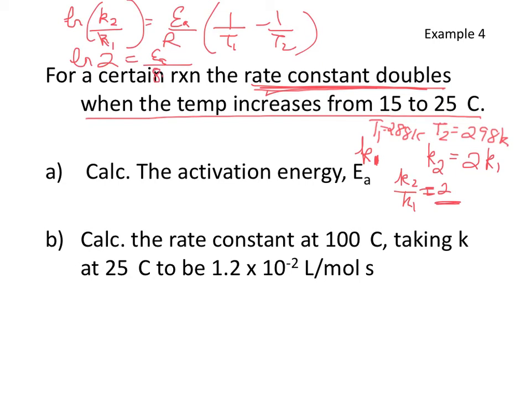R is 8.314. 1 over 288, 1 over 298. Solve. Realize that the units for R are joules per mole per Kelvin. Of course, your temperature term is going to come out to be in 1 over Kelvin. So the Kelvin and Kelvin are going to cancel off.